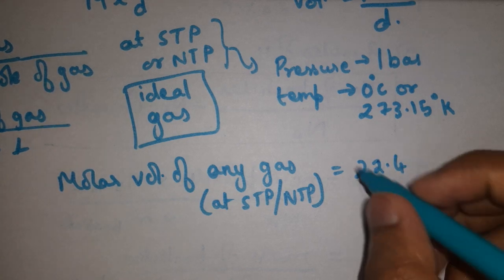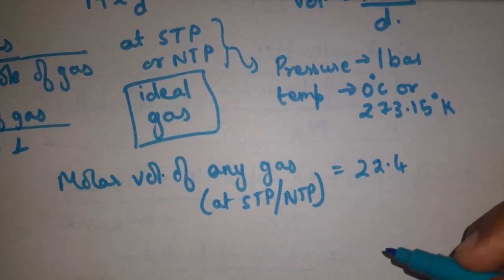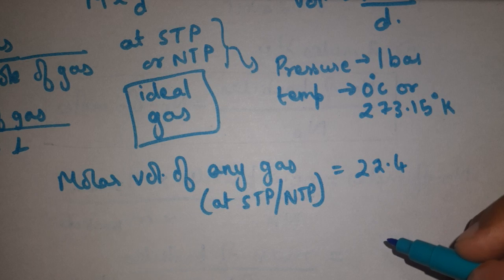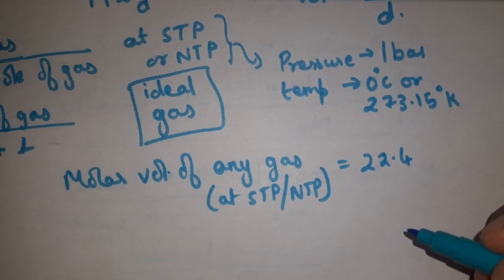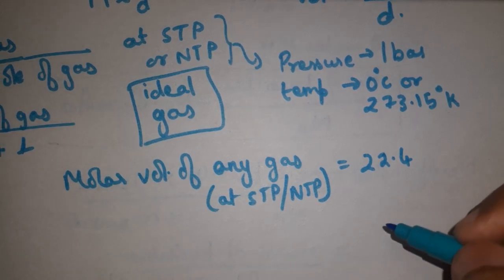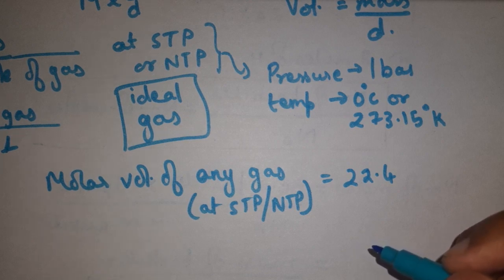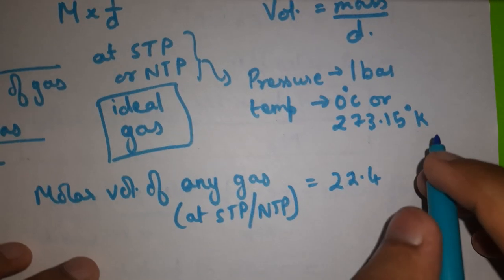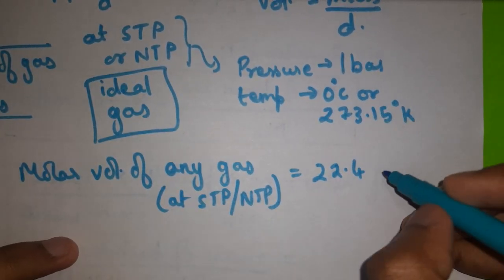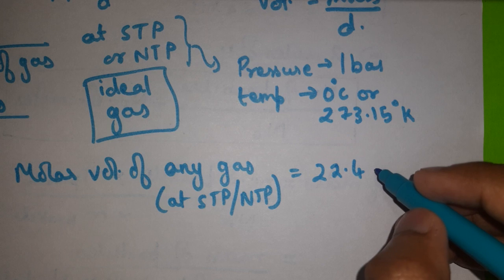Actually, according to a recent update by IUPAC, which is the International Union of Pure and Applied Chemistry, I think, this molar volume of any gas at STP and NTP is not 22.4, it's actually 22.7.